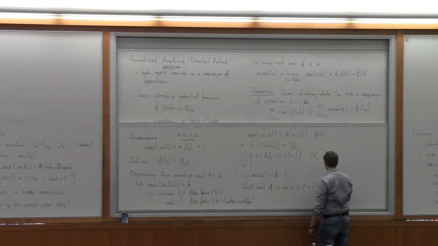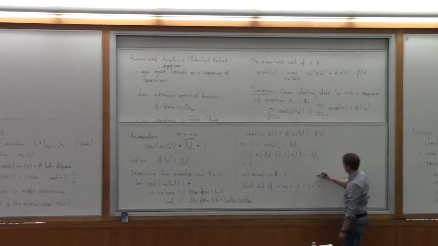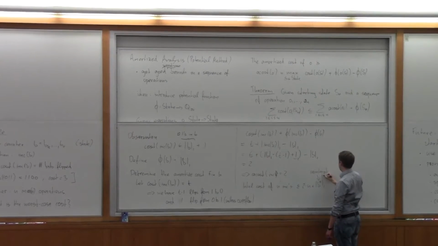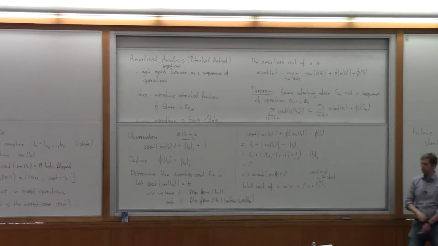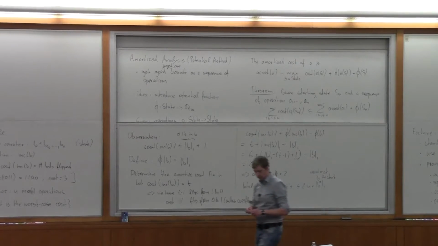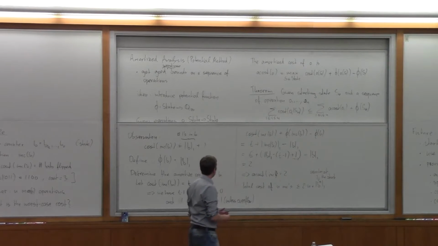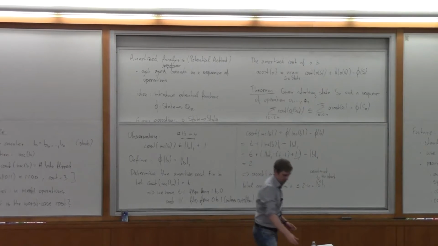Let me write it like this because I don't want to write it in lowercase. Okay, so the cost is not quadratic, but linear in the number of increments. And we have a nice proof of that.